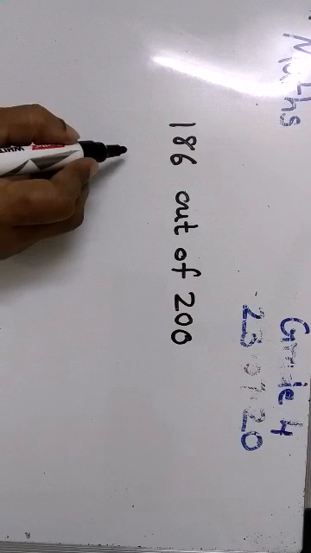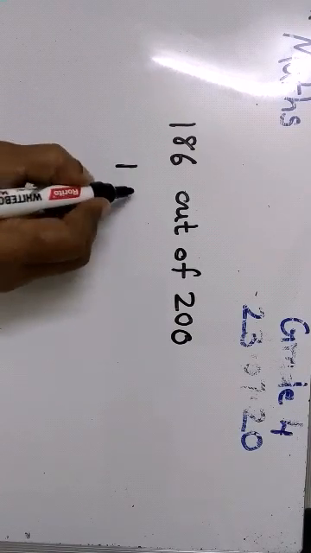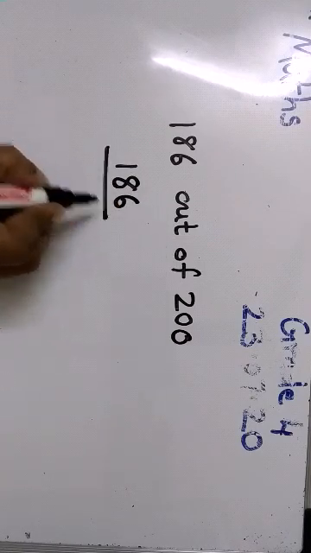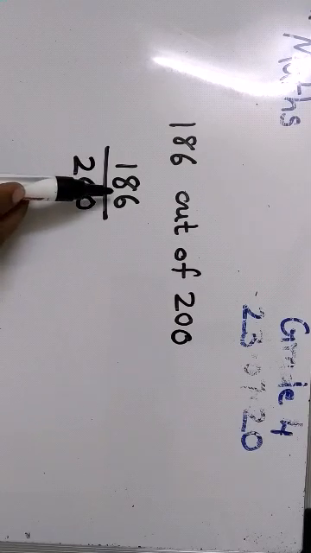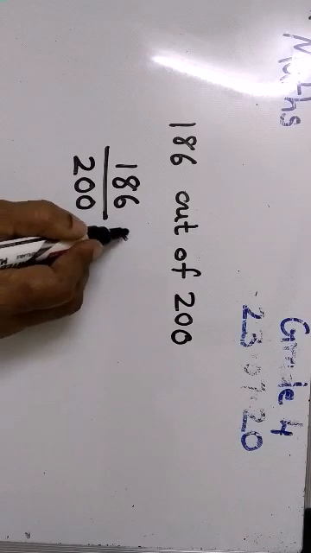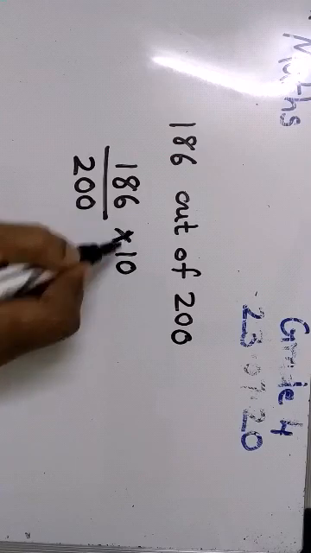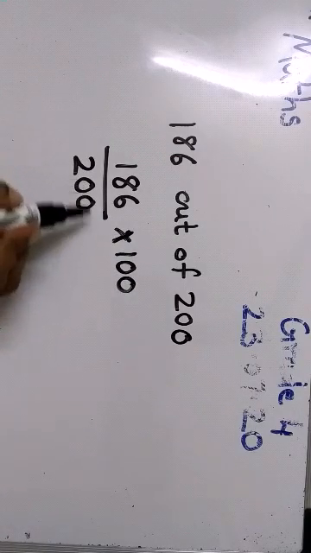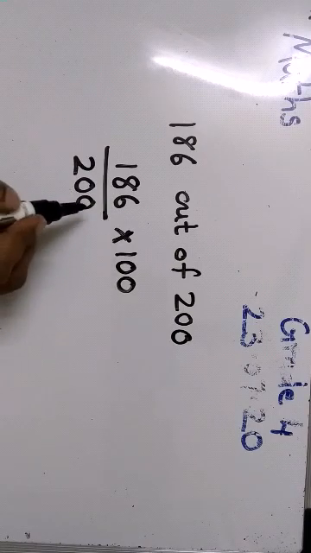So this will be 186 out of 200, right? So this is your numerator, this is your denominator. Now percent, what we said is, it means out of 100. So 186 upon 200 into 100.